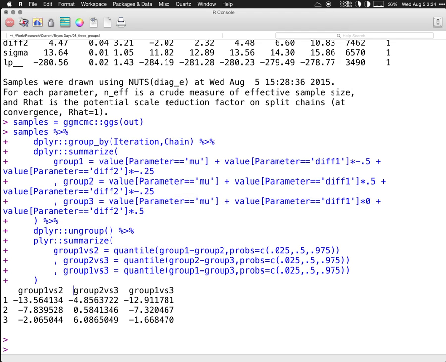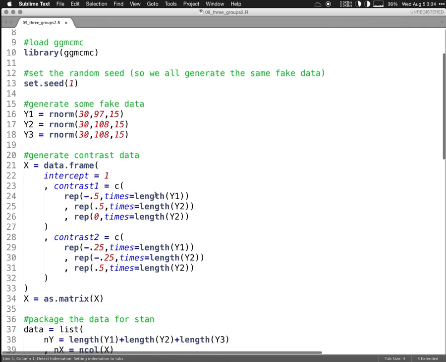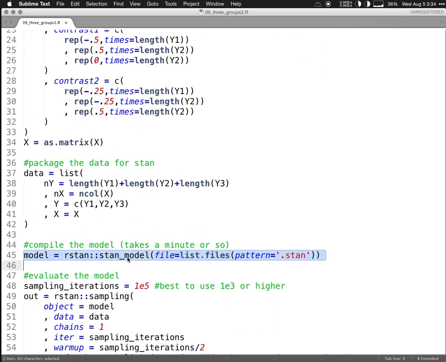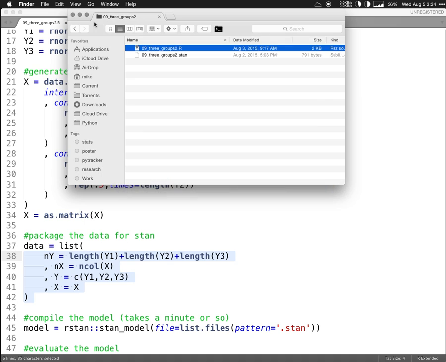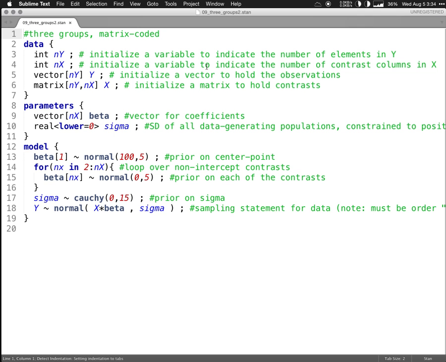This next example is the same data. So I'm just going to compile the, but instead of having a parameter declared for each thing that you want, so the mu, the diff2, you can actually put them all in a matrix, and it's a little less typing.